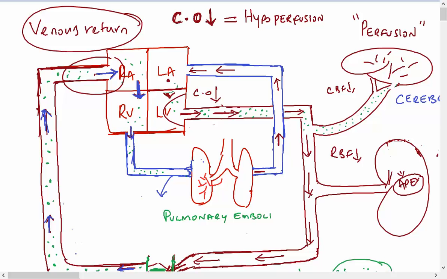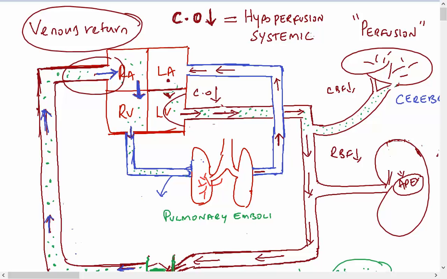When cardiac output is reduced, hypoperfusion happens all over the body, because cardiac output is the center. All the tissues get less blood, so it is called systemic hypoperfusion.